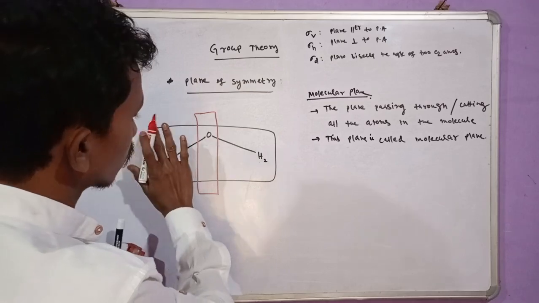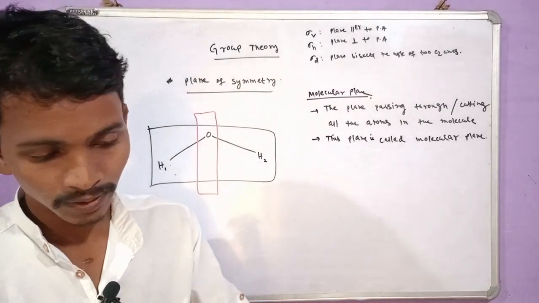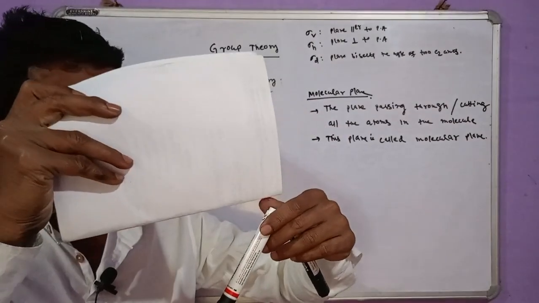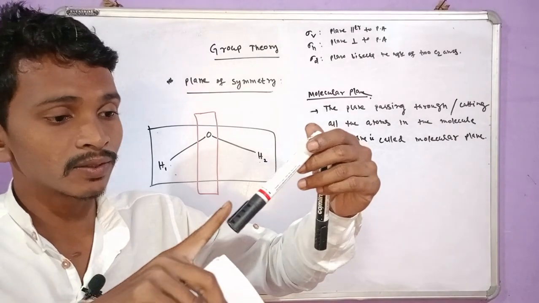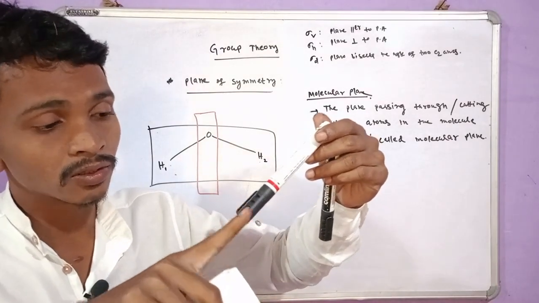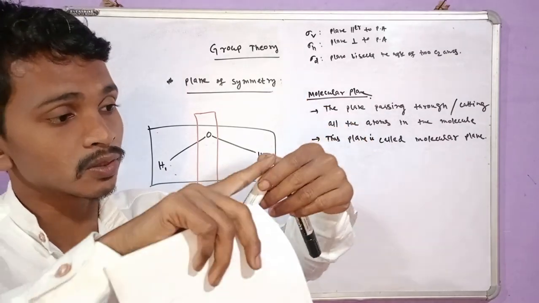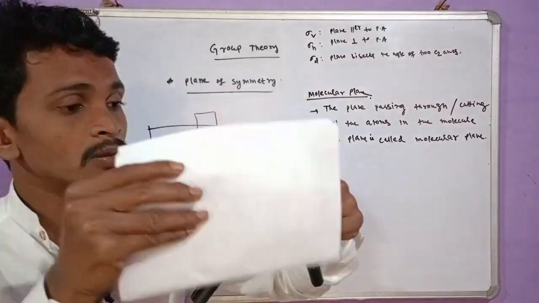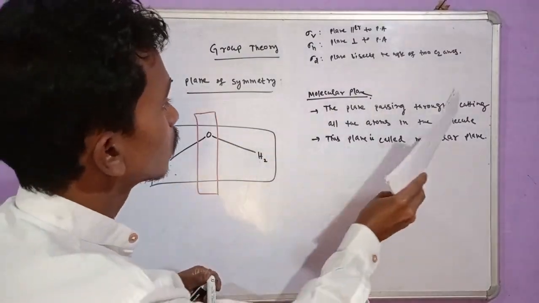In the molecular plane case, it cuts all the atoms and all will reflect. Means the molecular plane cuts this, so it divides oxygen in two parts, hydrogen in two parts, hydrogen in two parts, and this hydrogen half will be replaced with the other half of the hydrogen, and likewise for the other hydrogen and for the oxygen. Okay, molecular plane means passing through all the atoms.